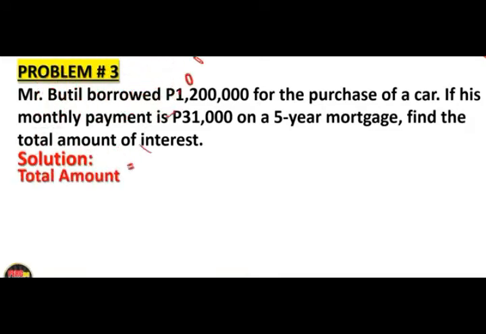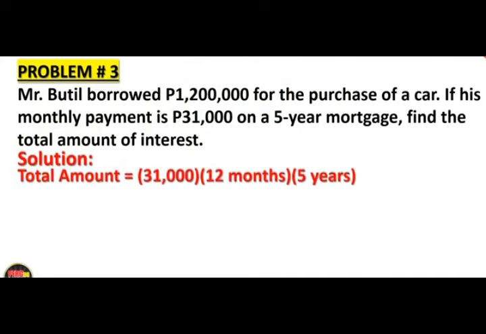So the total amount paid equals 31,000 as the monthly payment times 12 months, that is the number of months to be paid per year, times the 5 years. So 31,000 times 12 months times 5 years is 1.86 million pesos. That is the total amount paid.